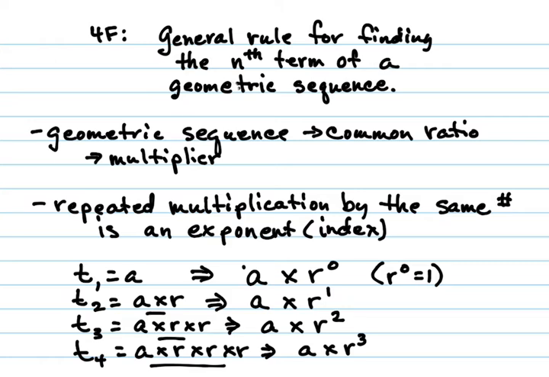So you see that as you move forward, every time that the number here goes up, then the exponent goes up. But because we're starting at r to the 0, in other words 1, then the first one is 1 less than the original number here, our n. So let's write that out as a pattern.